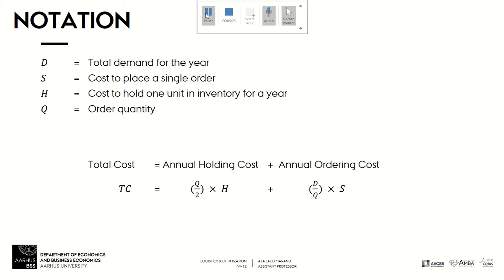And it is equal to the demand divided by the order quantity. So if we have a demand of 1,600 and we make orders of size 400, then we will have 4 orders, and for each of these orders we will pay the cost S.